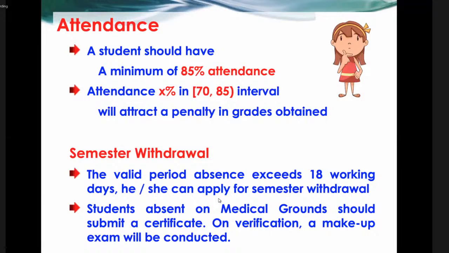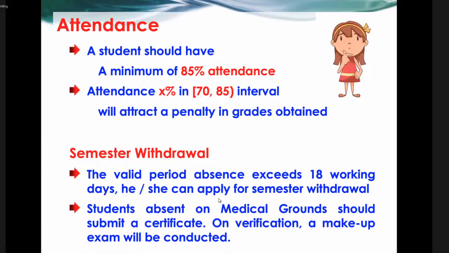There will be some sort of relaxation for medical conditions, which I will explain in the rules and regulations section, which will be taken up in the second part of the forenoon session. Those who get 85% and above will have no grade deduction.